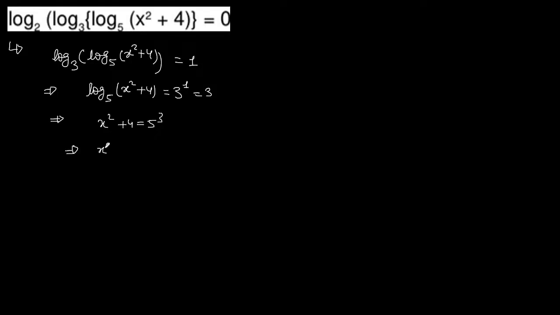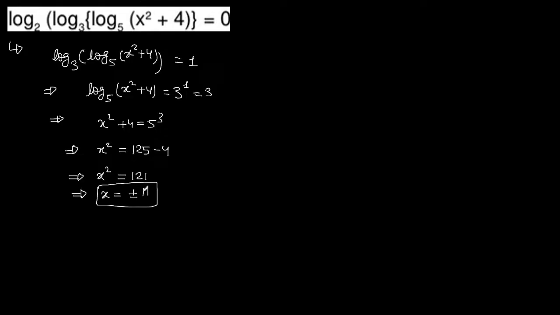We have x square equal to 125 minus 4. This is x square equal to 121. This will imply x equal to plus minus 11. So we have solved the equation.